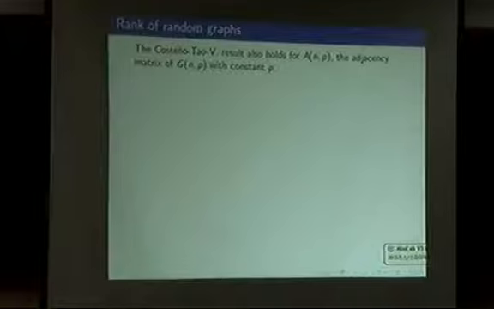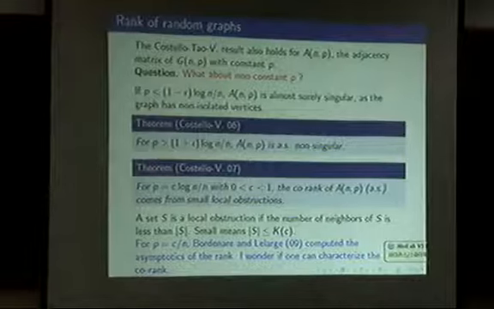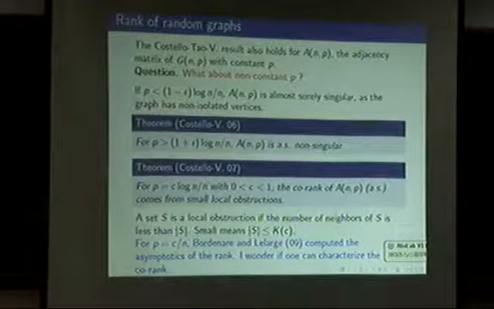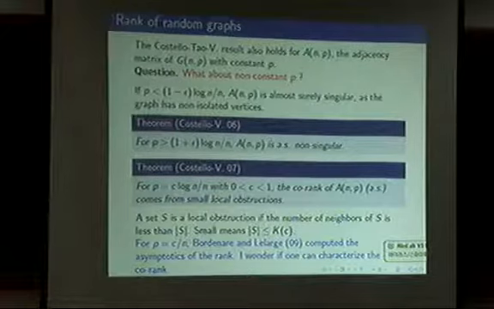So p can be very close to 0. You have 1 with very small probability, not necessarily 1/2. It can even depend on n. If p is a constant, not 1/2 but say 1/4 or 1/10, you can prove the same result, that the matrix is almost surely non-singular.